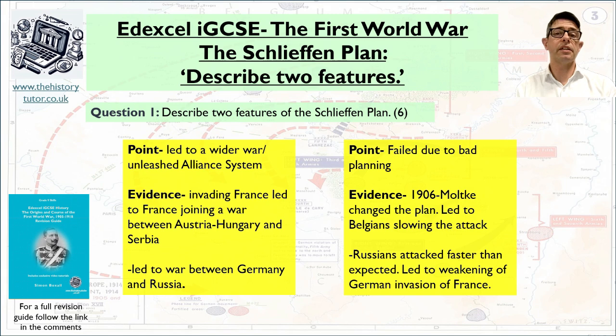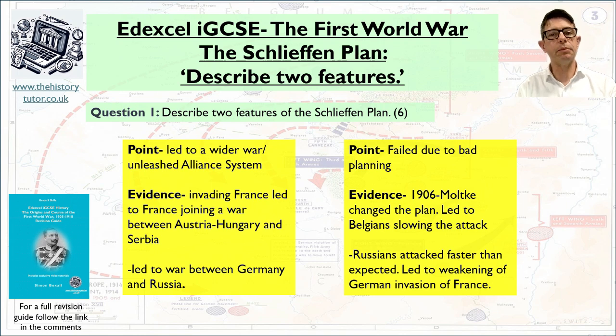And another point might be that Schlieffen Plan failed due to some bad planning. For instance, in 1906, Moltke changed the plan, led to the Belgians slowing down the attack. He was going to have some wide circles going through Holland and Belgium to surround Paris and sweep around and encircle the French army.